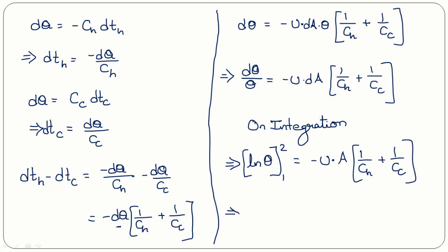So this can be written as ln theta 2 minus ln theta 1 is equal to minus UA into 1 by Ch plus 1 by Cc.